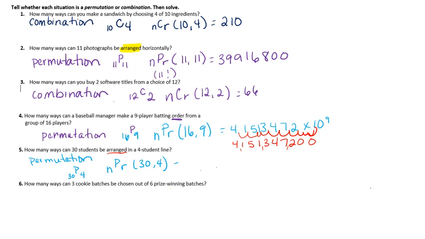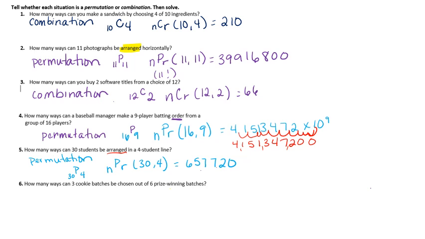And that gives me 657,720. And again, I encourage you to type that into the calculator. Make sure you're getting the same answers I'm getting. So again, the word arrange was in there, so it's a permutation. And since I know it's a permutation, 30 students taken 4 at a time.